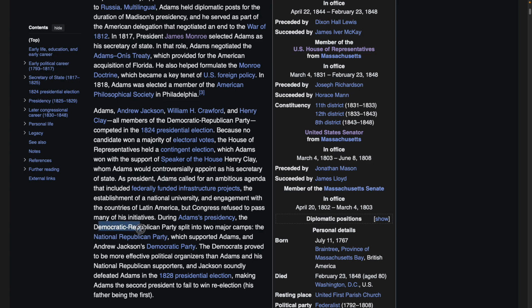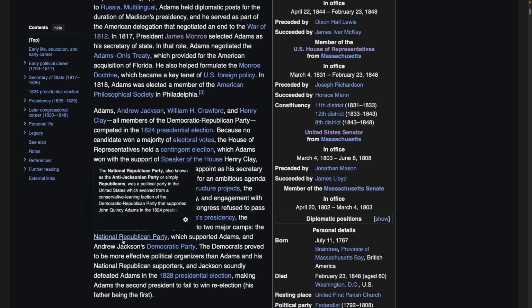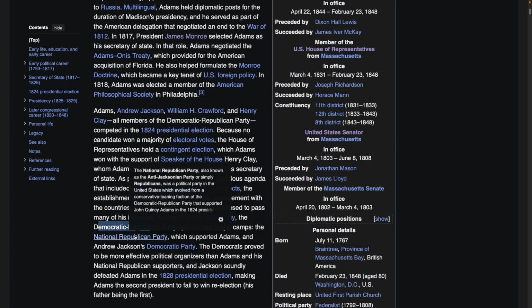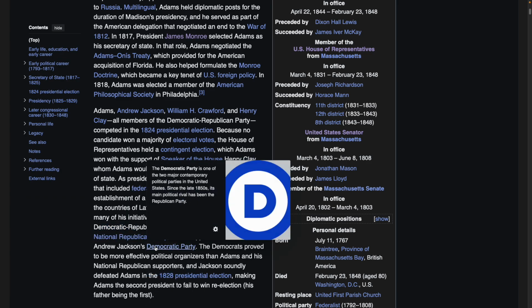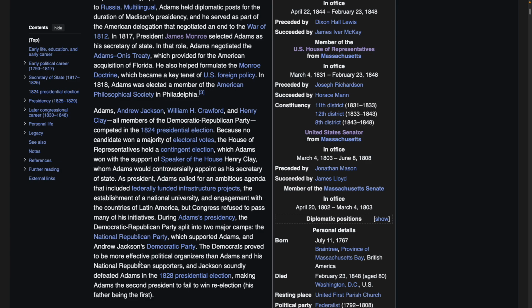Wow, so this happens during Adams' presidency, where the Democratic Republican splits into National Republican and Democratic, which I don't know if this is the predecessor for the Republican Party, but maybe I'll click into that, add it to the never-ending, massive, ginormous reading list.